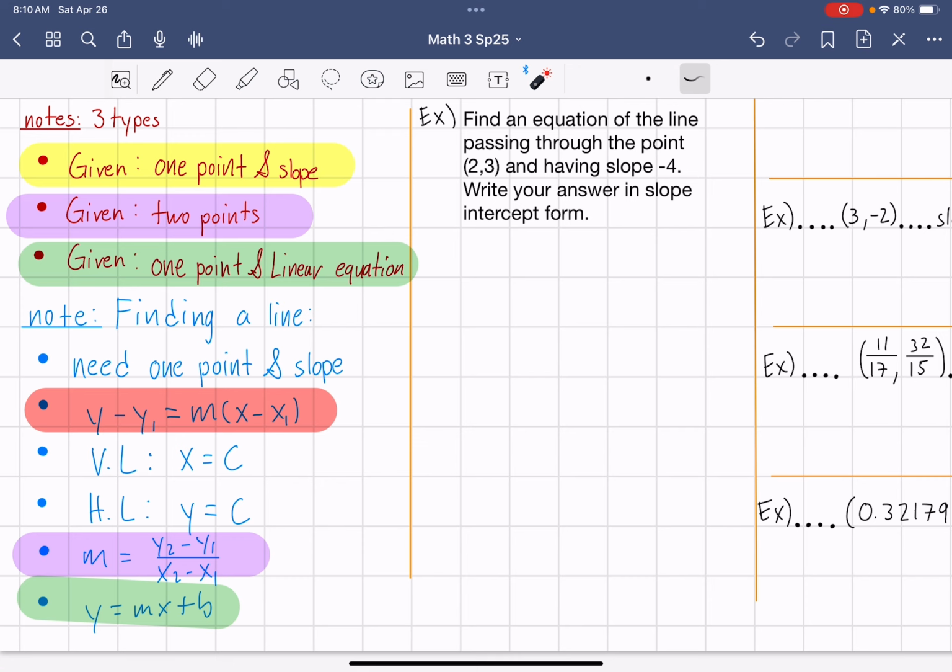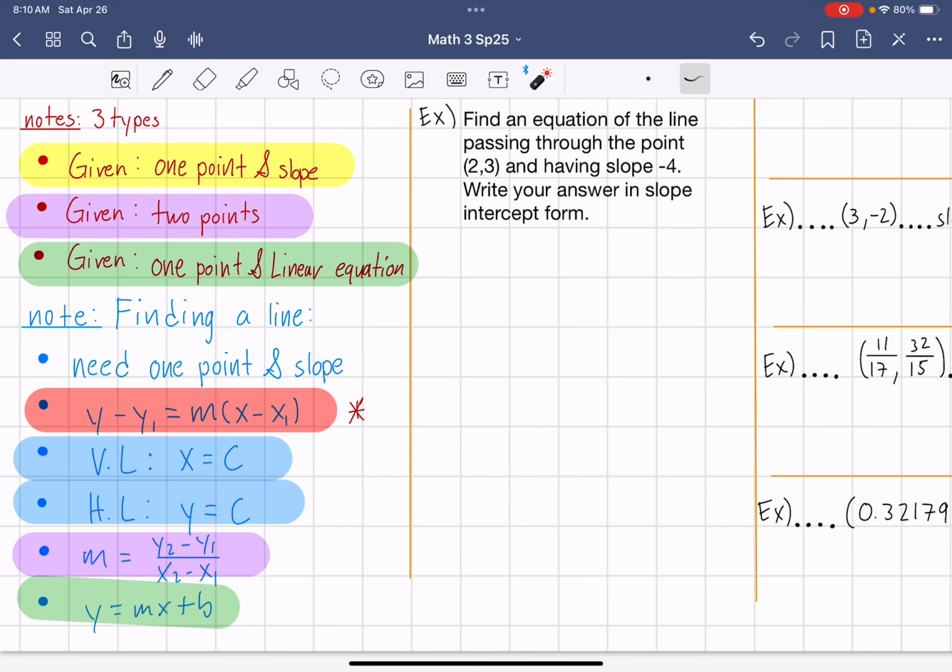And some special cases where we're not going to use the point slope form. So for all of them, we're going to use the point slope form. These are just additional formulas for these two specific cases, but you'll still use the point slope form.